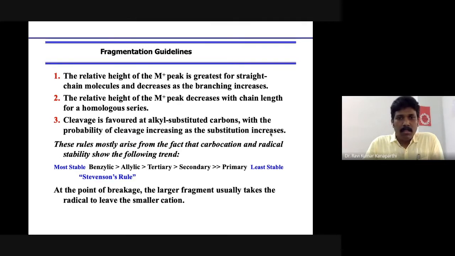These are not to be called hard and fast rules; they are general observations and guidelines which help us understand the mass spectrum better and derive a molecular formula and structure from the given mass spectral data. There are some 10 guidelines given by them, and we will discuss those.